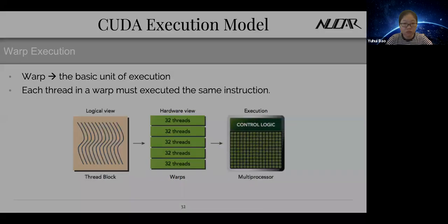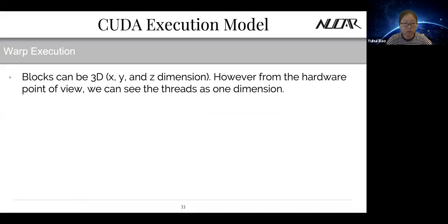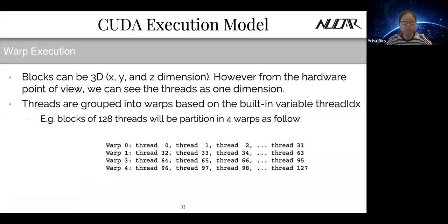This is also very important. Like I said, a thread in the block is indexed using 3 dimensions. However, from the hardware point of view, the hardware only sees these threads as 1 dimension.